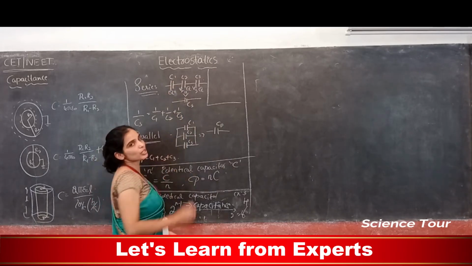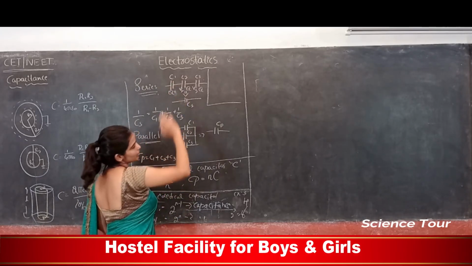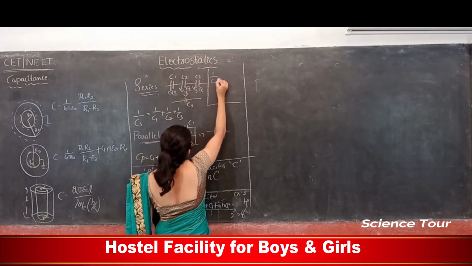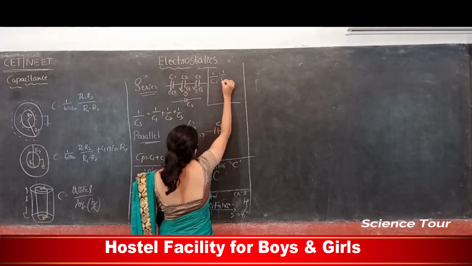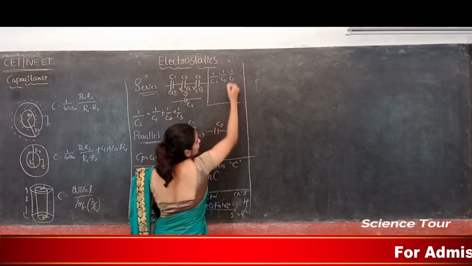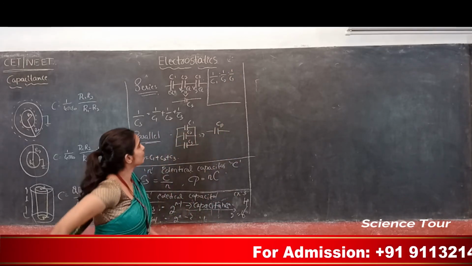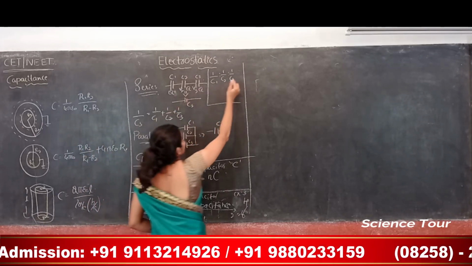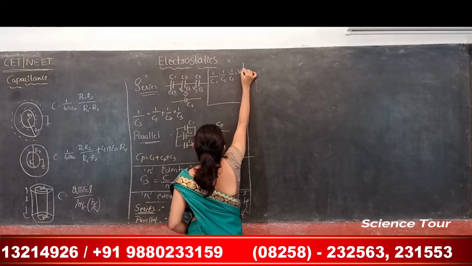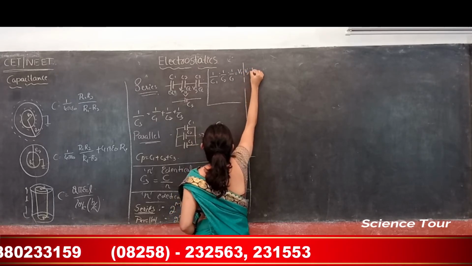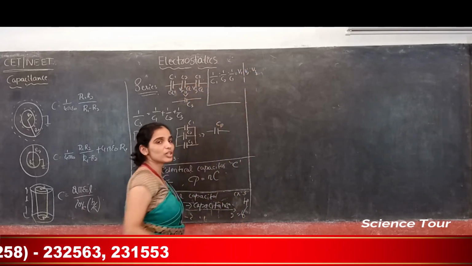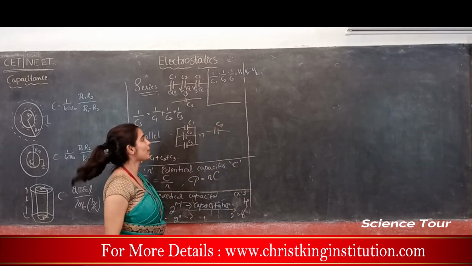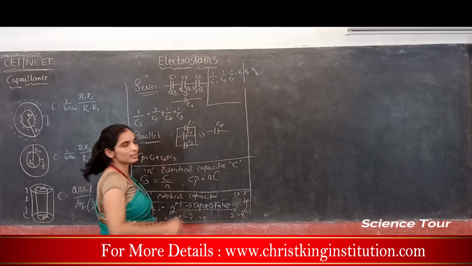Capacitance and potential differences are different here, charges across each capacitor are the same. So 1 by C1 : 1 by C2 : 1 by C3 is equal to V1 : V2 : V3. The ratio of the potential difference across the capacitors will be equal to the ratio of the reciprocals of the capacitances when the capacitors are in series.